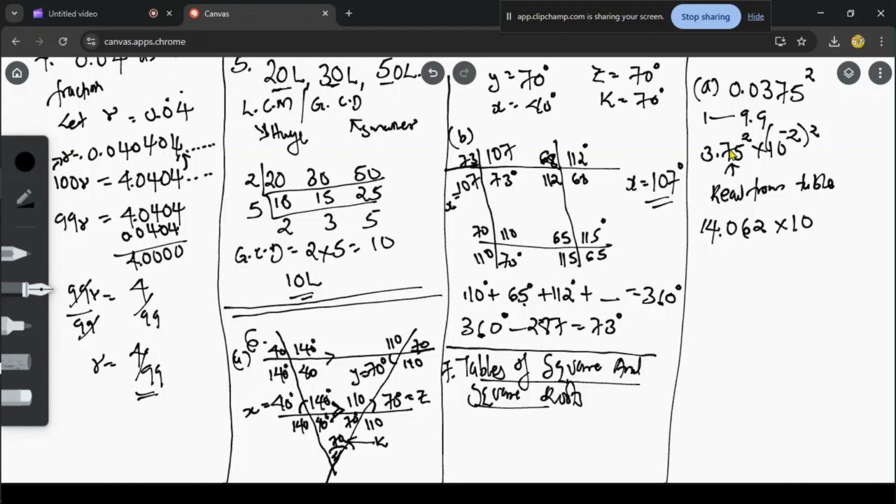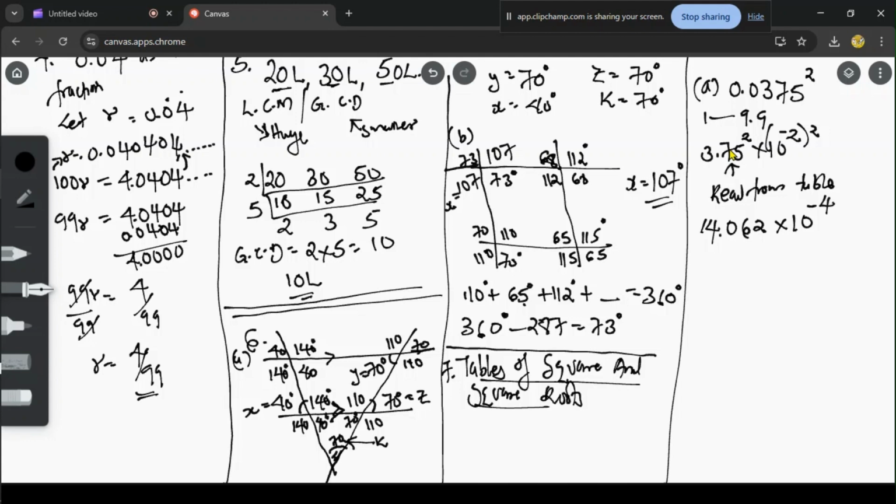Then I multiply the powers. This 10 is the one that I've brought here, and I don't change anything there. But here, -2 multiplied by a positive 2 gives me a negative, and 2 multiplied by 2 gives me a 4.